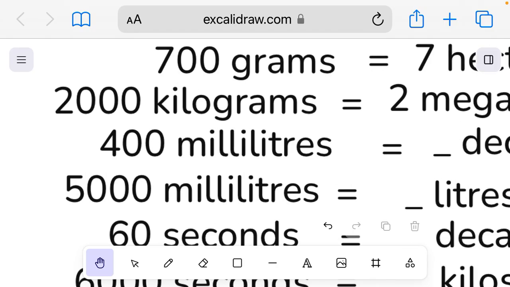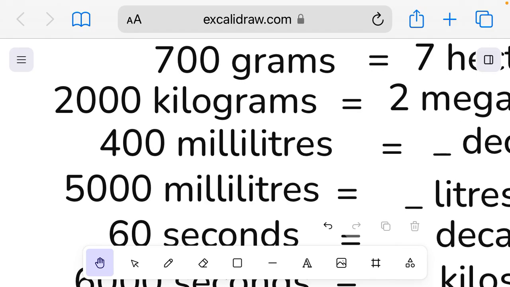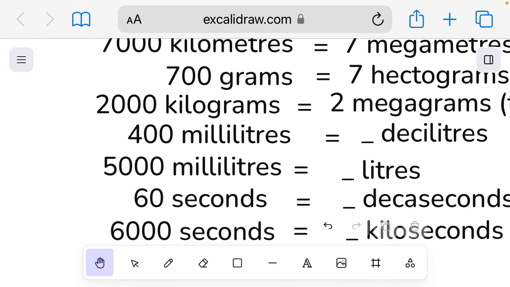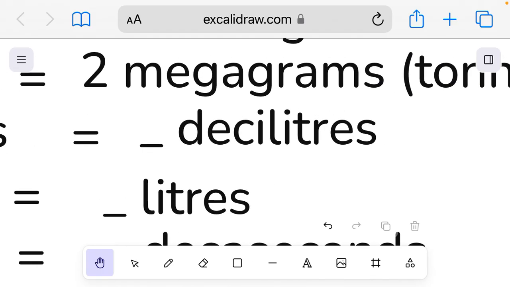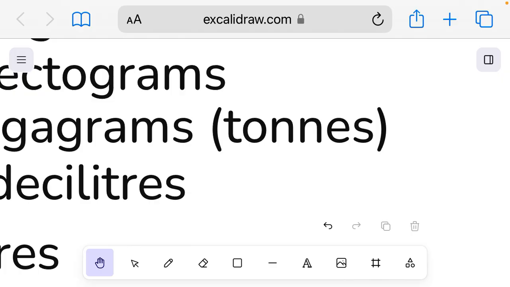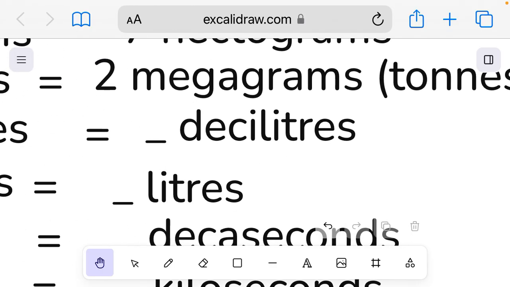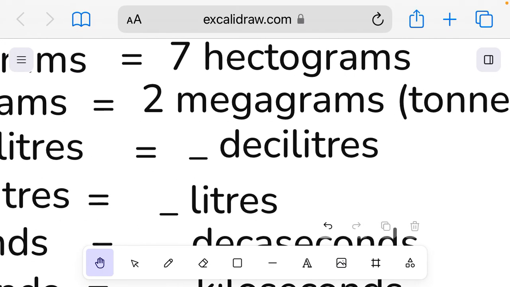Next we have 400 milliliters. And there's a new unit that you probably never heard of before, which is called deciliters.